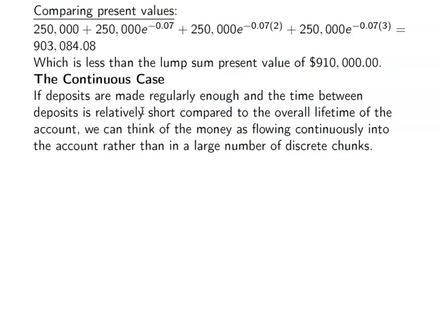If I'm getting paid every 2 weeks for like 50 years, that's a short time period in between payments for a very long time, right? So I can look at that as something continuous, even if I'm getting paid monthly over many, many years. So we can think of the money as flowing continuously into the account rather than a bunch of discrete, single values.